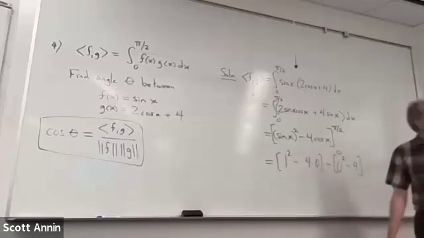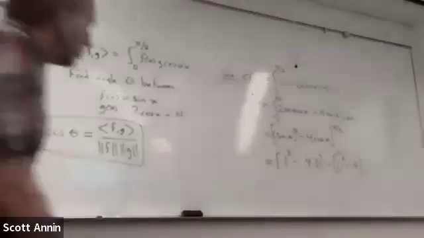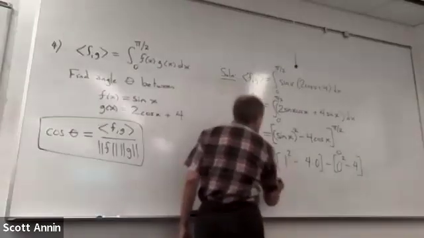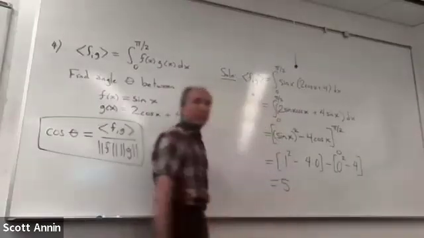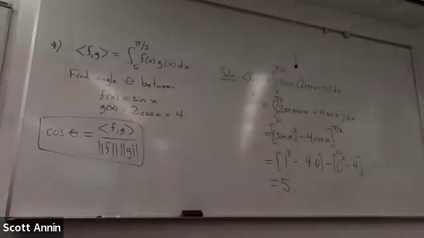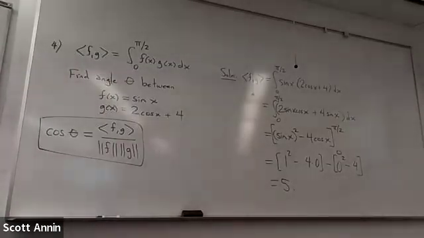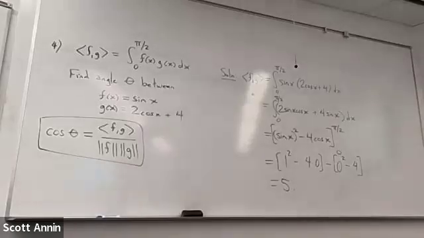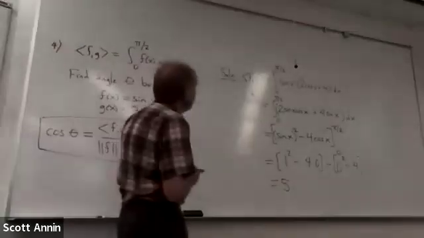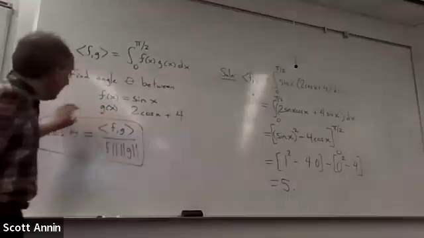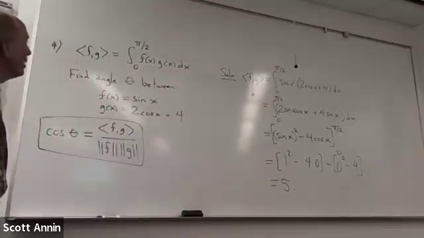I'm using brackets carefully to try not to make a mistake with the minus signs in the algebra here. But I believe that just comes out to 5. Can anybody confirm that? Okay, so we got 5 for the numerator of my cosine of theta formula.